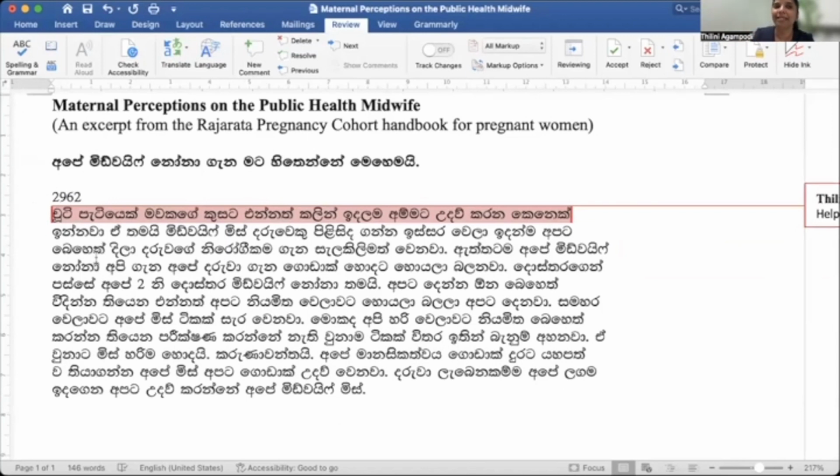Here, behet means maybe the vitamins, most probably, which is given to the mother prior, probably folic acid, which promotes the health of the newborn. So that could be another code. Maybe using vitamins would be one code, and concern about the health of the newborn, another code. So likewise, you keep on going through this and put your codes.